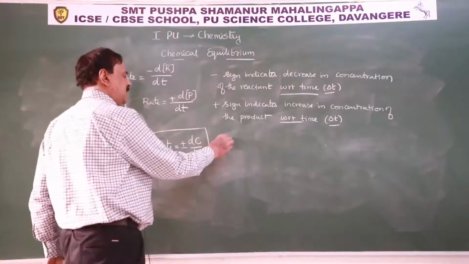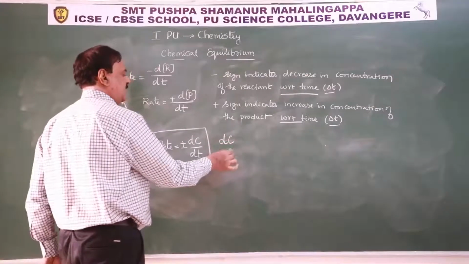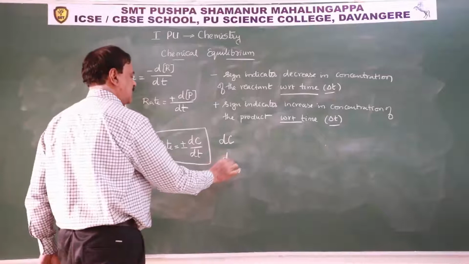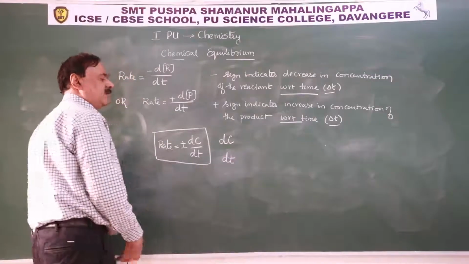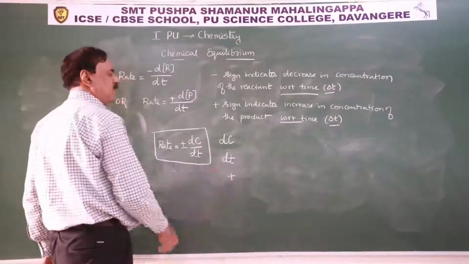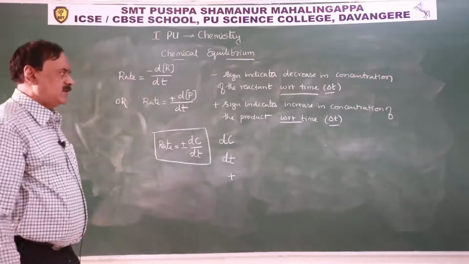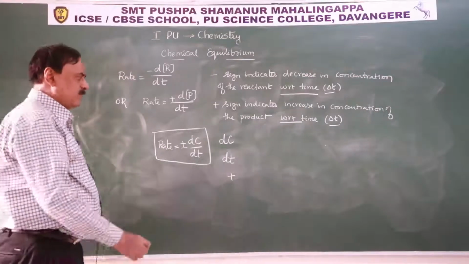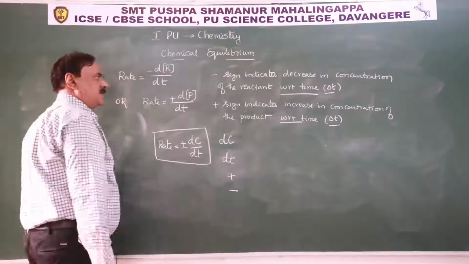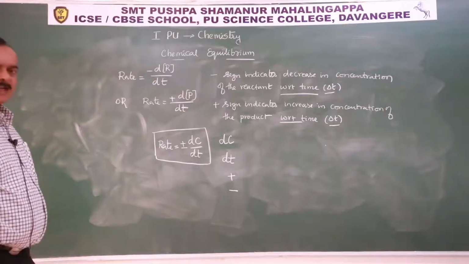You have to explain dc, that is change in molar concentration of the reactant or product; dt, that is the time interval; the plus sign indicates the increase in concentration of the product per unit time, whereas the minus sign indicates the decrease in molar concentration of the reactant with respect to time.